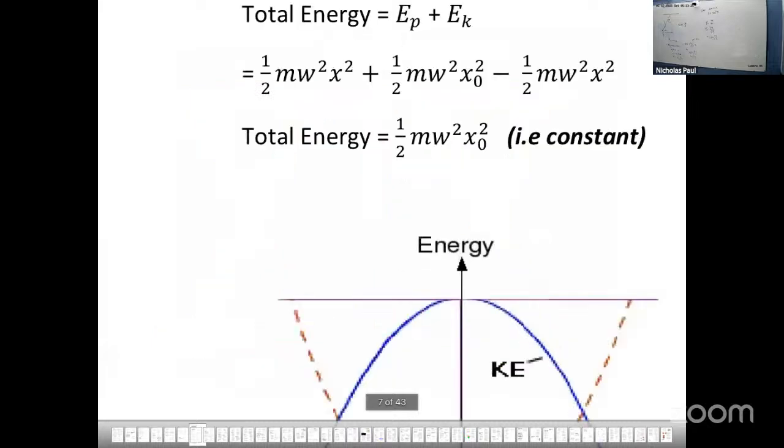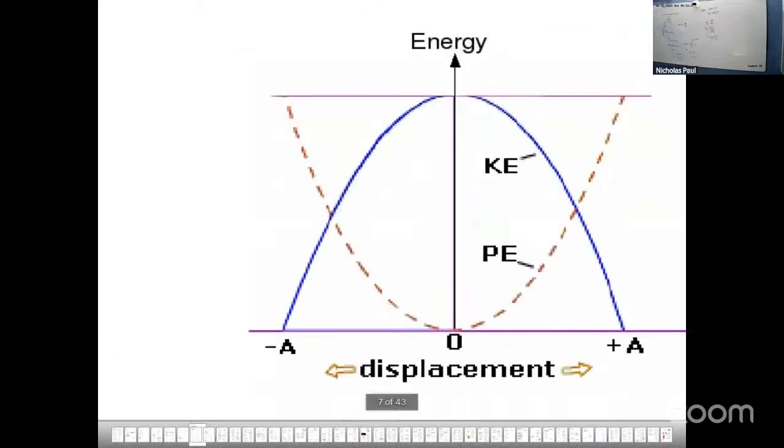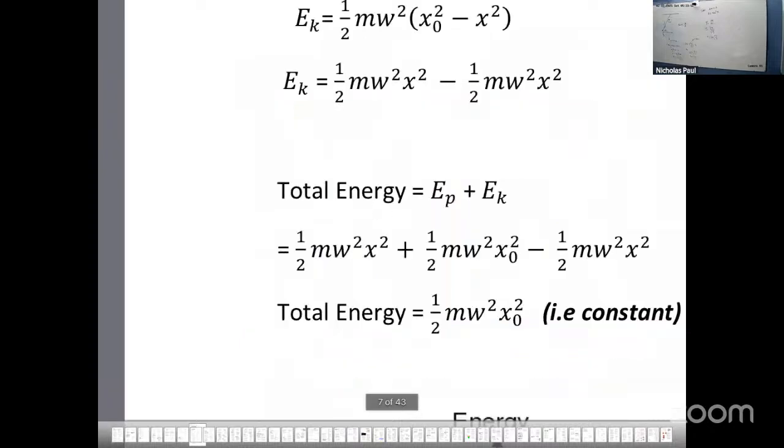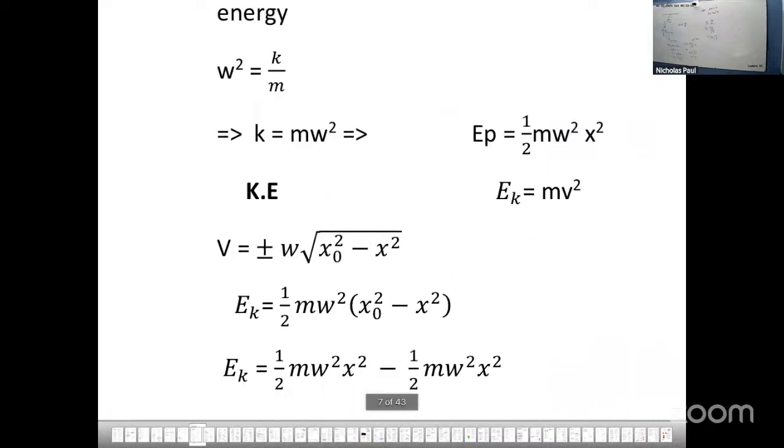So an object with simple harmonic motion in a free oscillation behaves like that. It has kinetic, it has potential, and the sum is constant. Therefore, we should be able to write a formula for potential energy, write a formula for kinetic, add them, and get that constant.